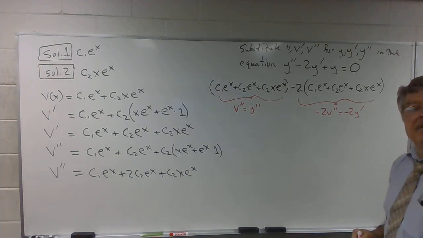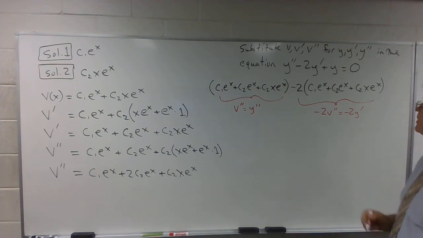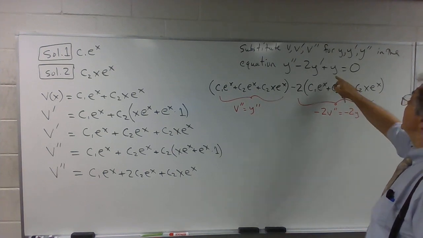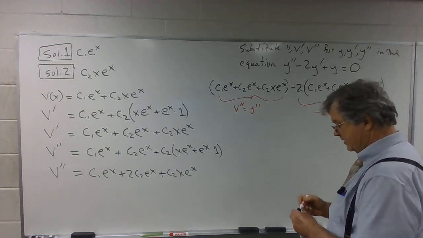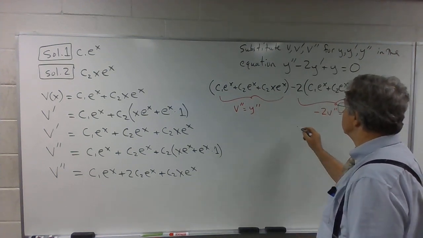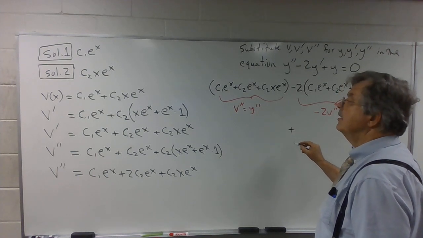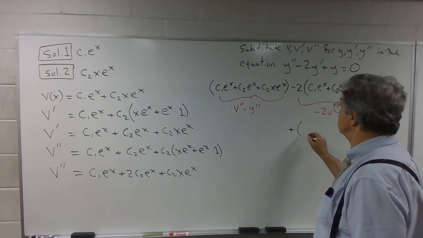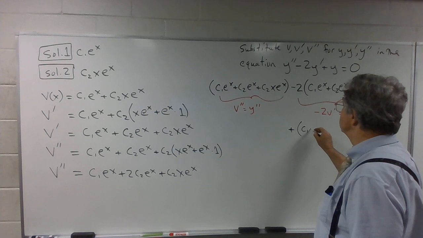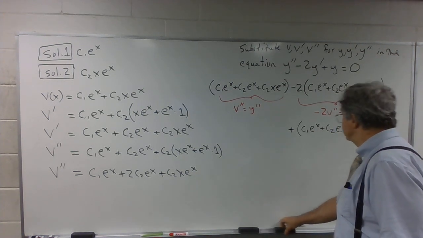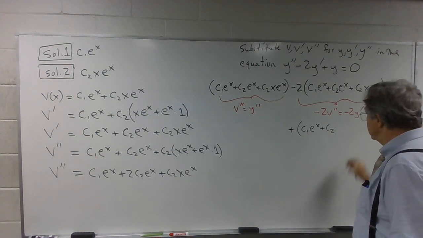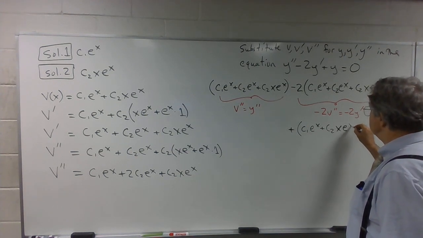And I guess I don't really have enough room to keep writing here, do I? But finally we add Y. So C1 e to the x plus C2 x e to the x.